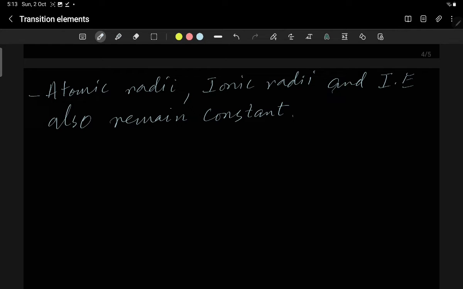that the situation in the case of the transition elements is rather different from one transition metal to the next.